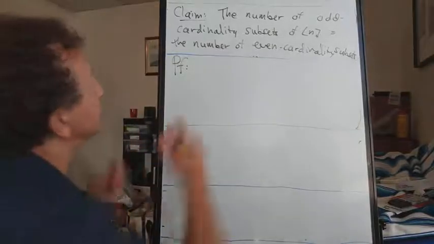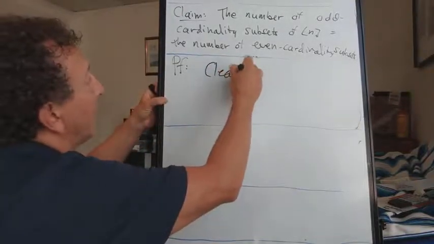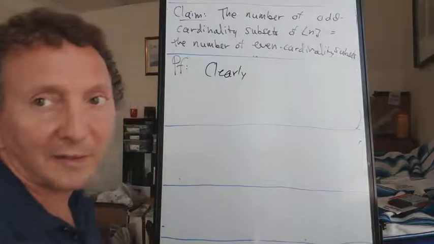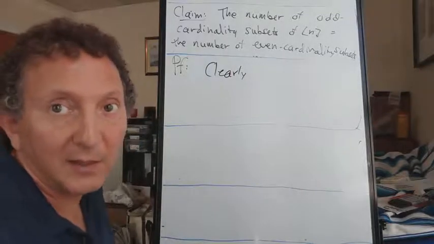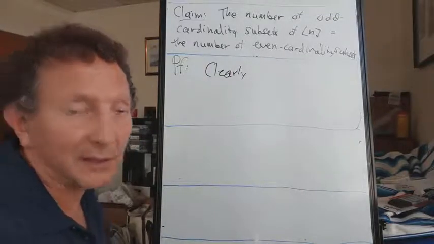Now clearly the number of subsets containing n equals the number of subsets not containing n.